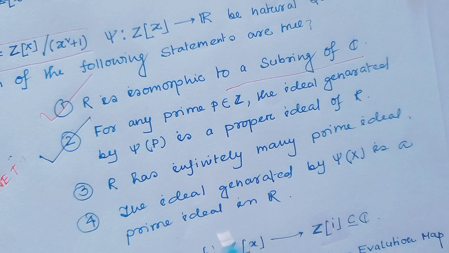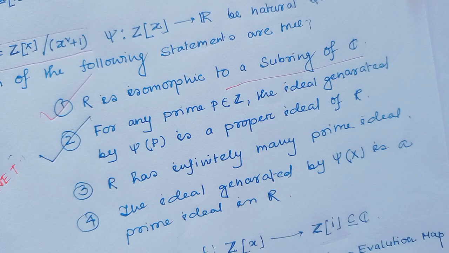Option 3: R has infinitely many prime ideals.